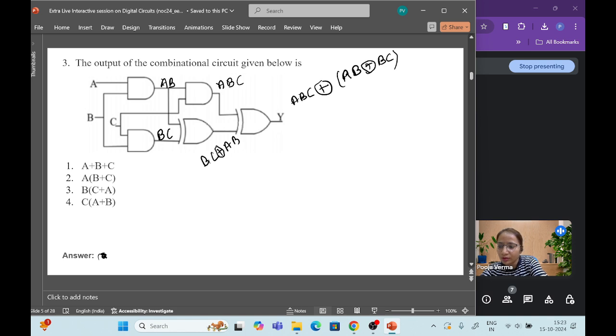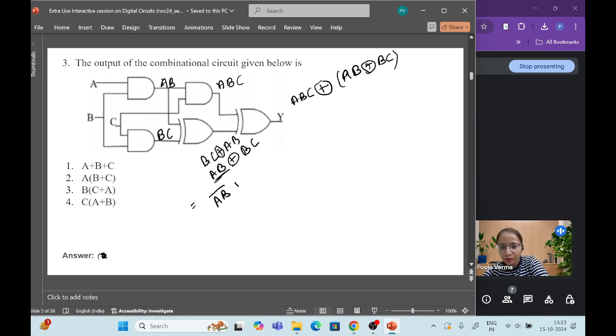So first we will solve this one. I will write it like this: AB XOR BC, right? So AB dash this, because this one is only one.